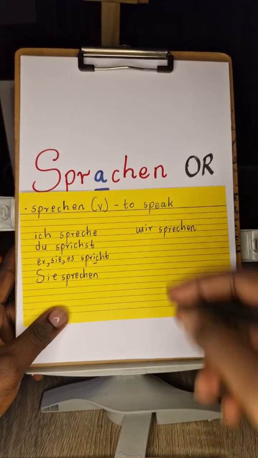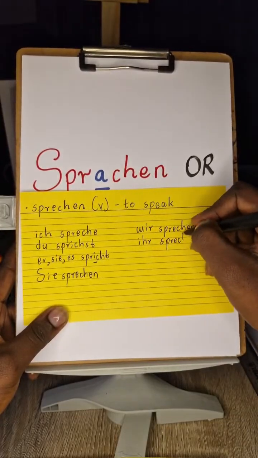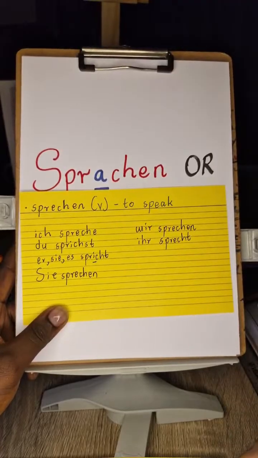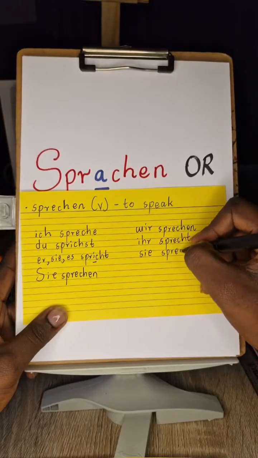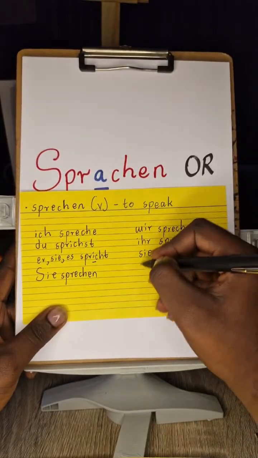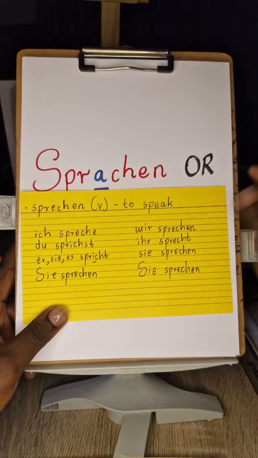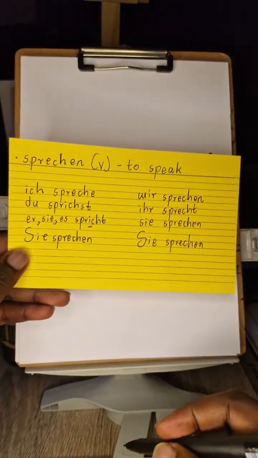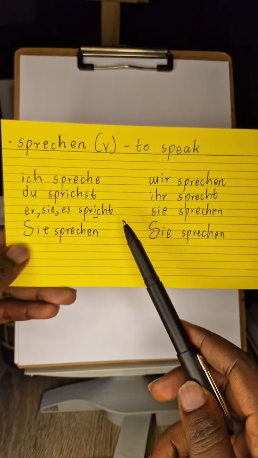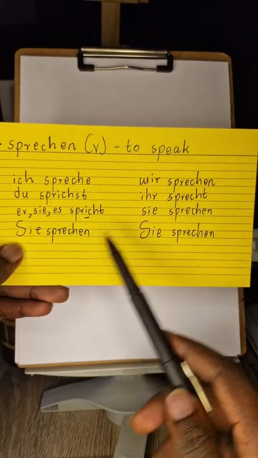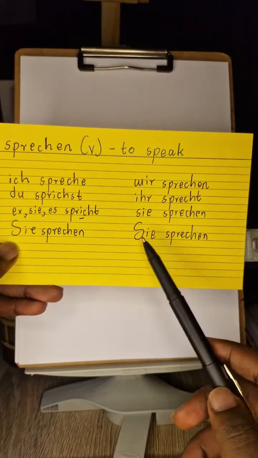And then the plural of du now becomes ihr spricht. And then there's the sie sprechen. And then lastly, Sie sprechen. So this is how you're going to proceed to conjugate the verb sprechen. Ich spreche, du sprichst, er, sie, es spricht, sie sprechen, wir sprechen, ihr sprecht, and then Sie sprechen, all right?